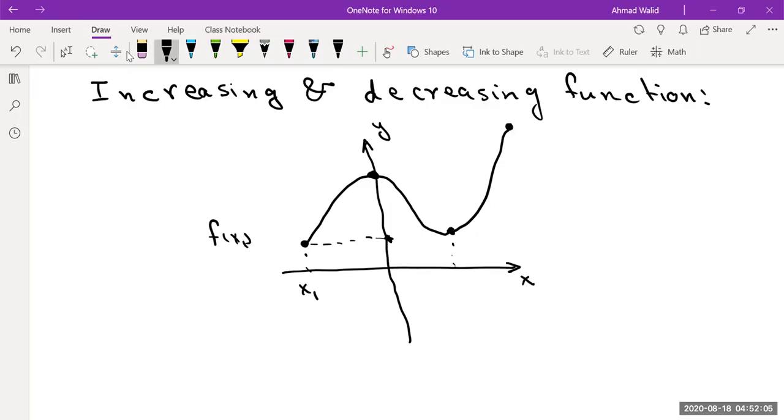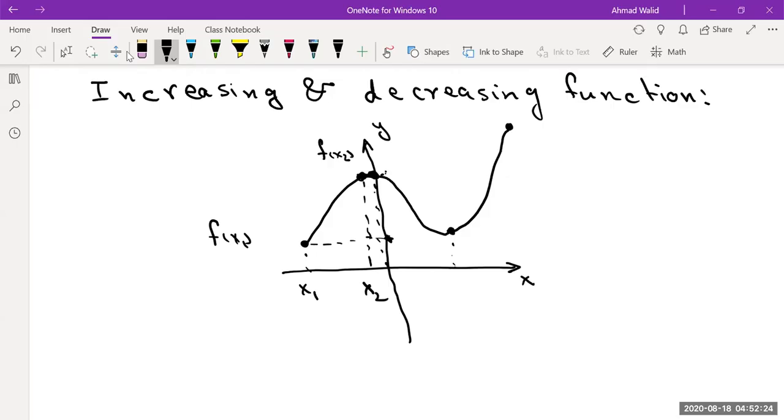If I name this point, which is on the y-axis. Let me take another point, maybe here. If I name this point x2, then the value on the y will be f of x2.